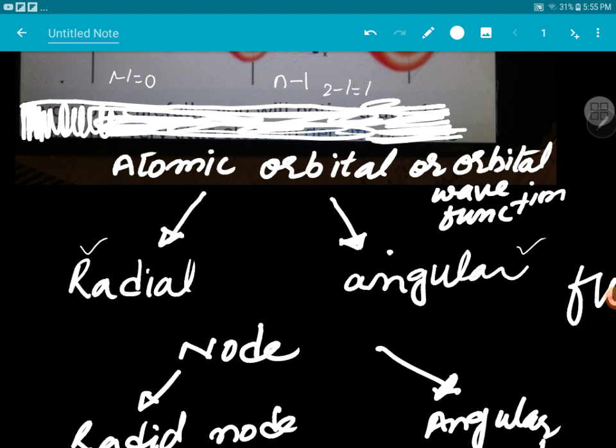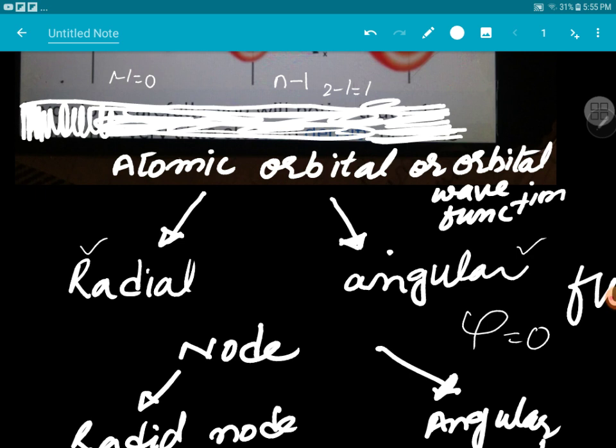A node is a point where a wave function passes through zero. Wave function means when it is zero, that is a node. The nodes are classified into two types. I'll explain again: a node is a point.